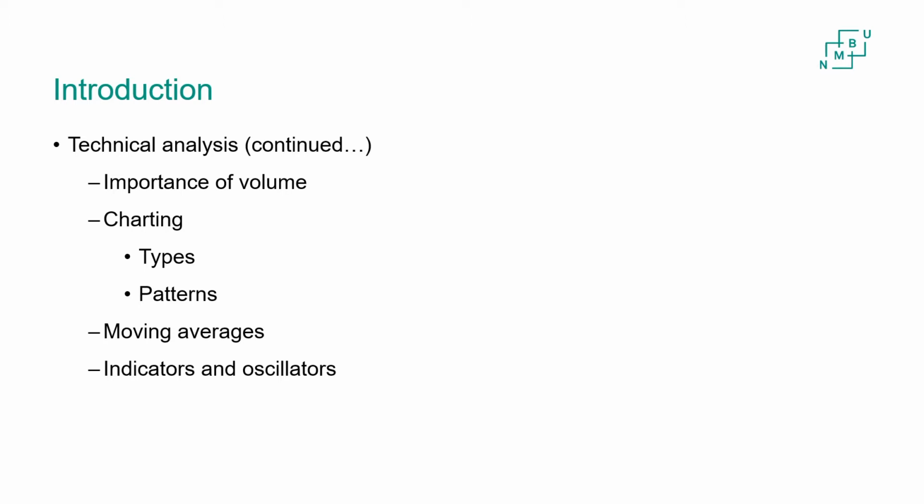And in these charts, we're going to add some moving averages to try to detect trends, and we're going to calculate some indicators which will help us to maybe understand the market psychology of the price process.